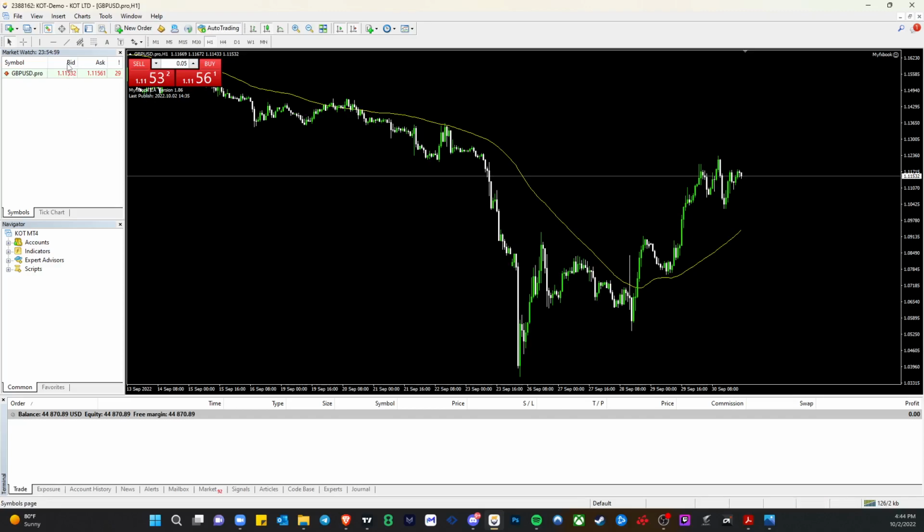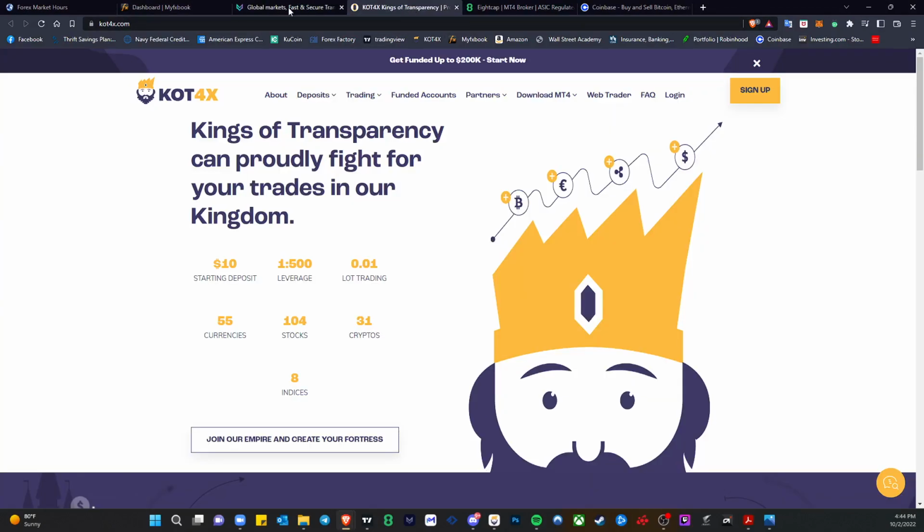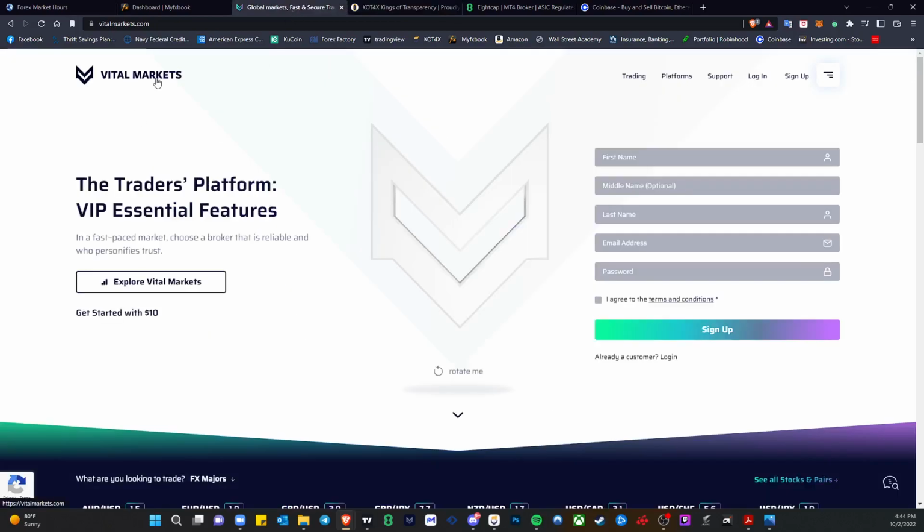I'm not gonna go into details with that until we actually start trading. So that's all your time frames in here. Nothing too complicated with this. All right, so these are the three brokers that I use again: EdCap, KOT Forex, Vital Market.